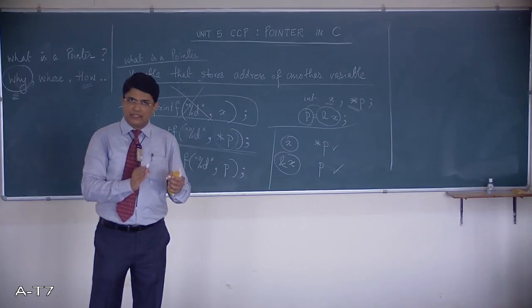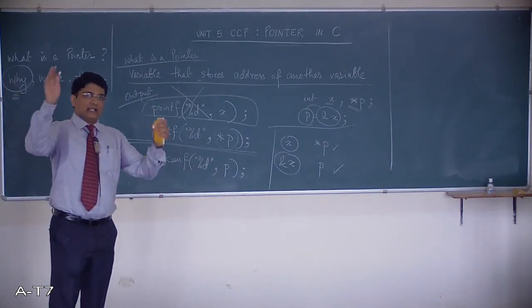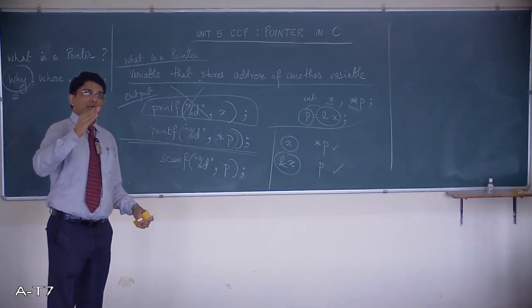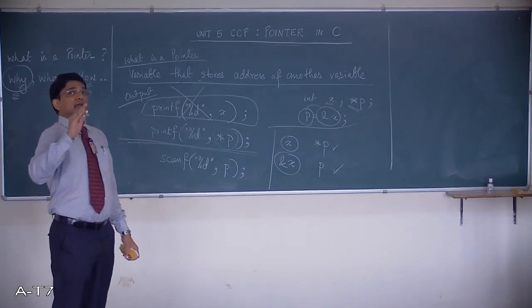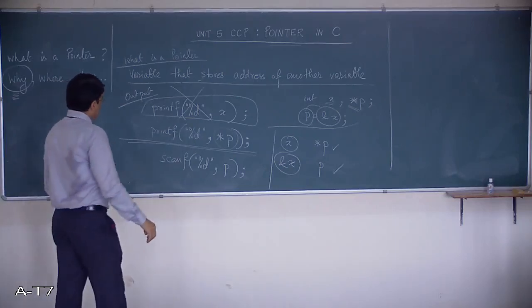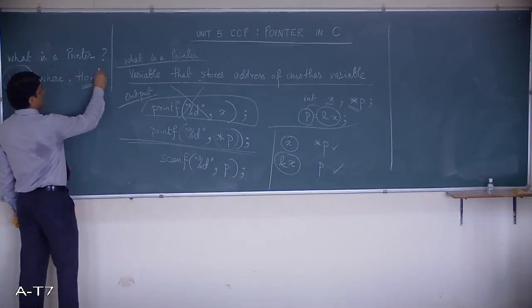We have stored the address of x into a pointer variable p, and all through the program, maybe lakhs and lakhs of lines of code, we are going to refer to x through its pointer variable and not by the name of x directly. That's the essence of how the implementation will be done.